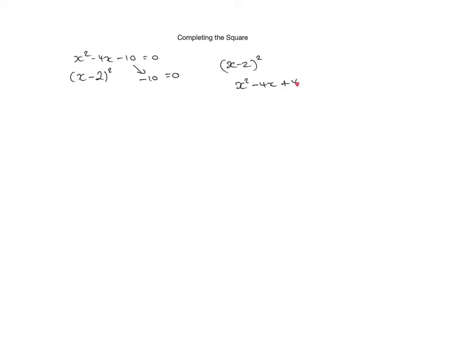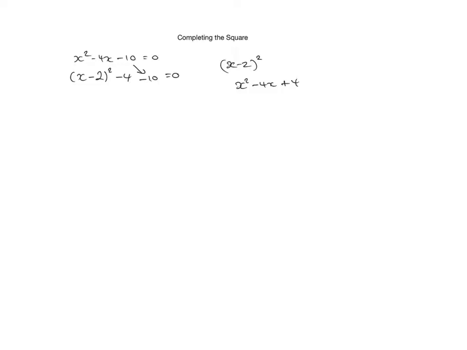I need to get rid of it, because otherwise I have x minus 2 squared, which comes out to be x squared minus 4x plus 4 minus 10. And that's not the same as the original one, which is here. So in order to get rid of this plus 4, I have to take away 4 in my equation. So I have to minus 4.